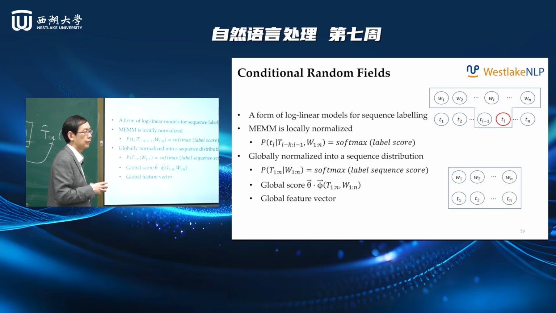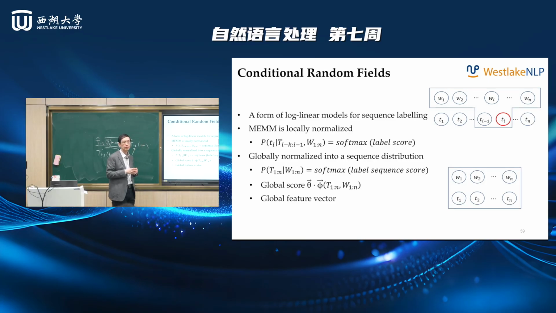How do we parameterize the model? We all know how to do it. The probability is equal to softmax theta dot phi, okay? So phi is a feature representation of the word and tag sequences.